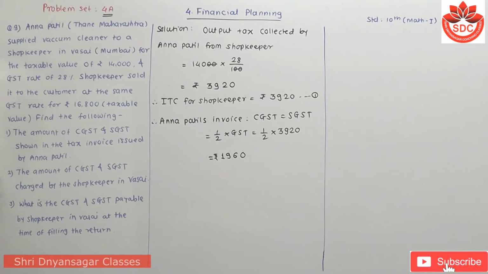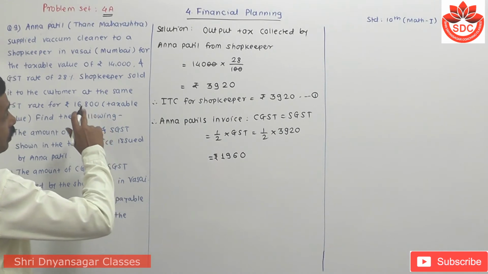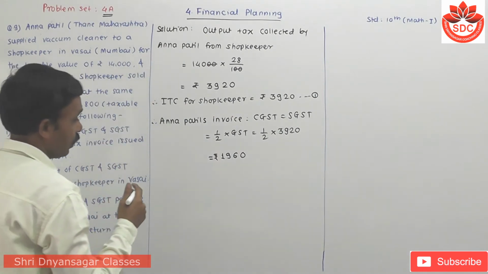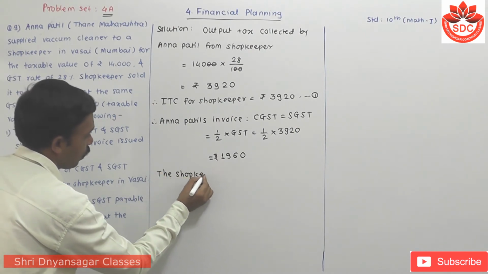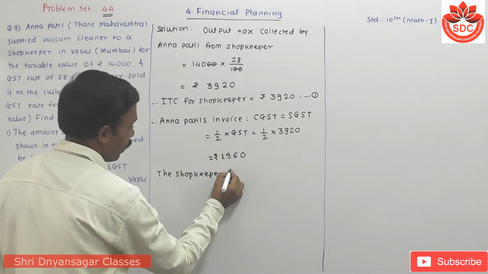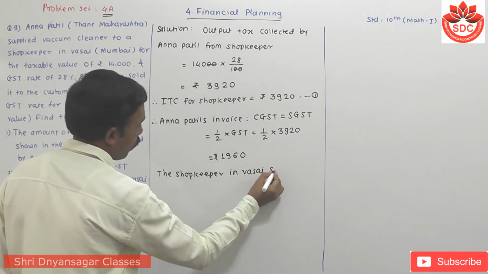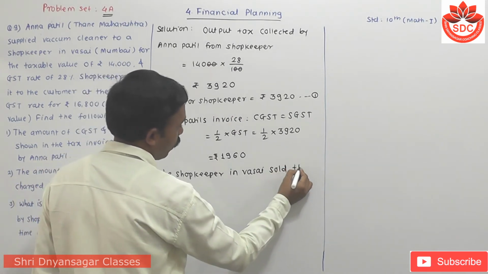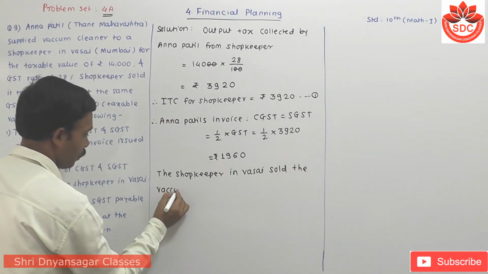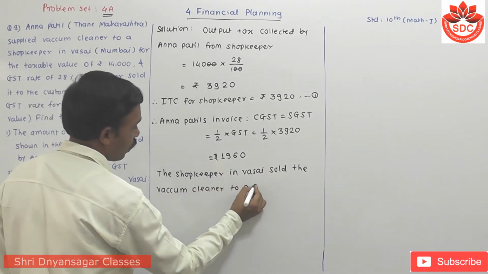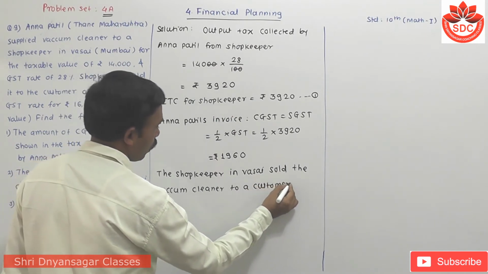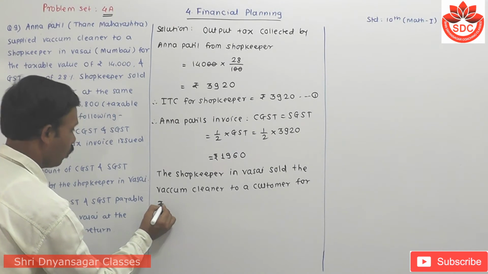Then we have to find out the amount of CGST and SGST charged by the shopkeeper in Vasai. Therefore, the shopkeeper in Vasai, student, this shopkeeper sold this vacuum cleaner to a customer for rupees how much?